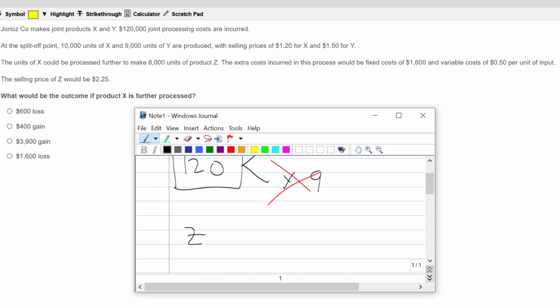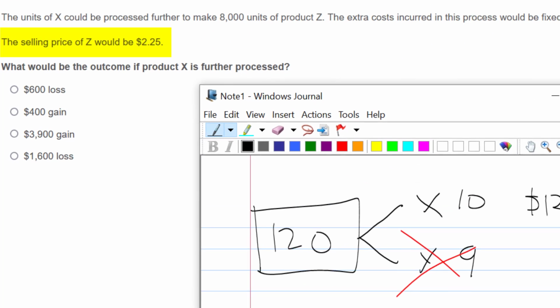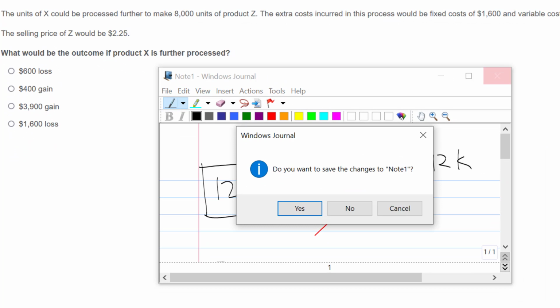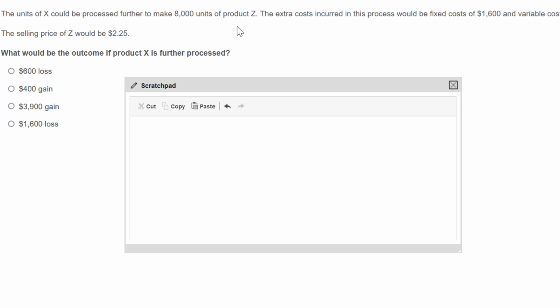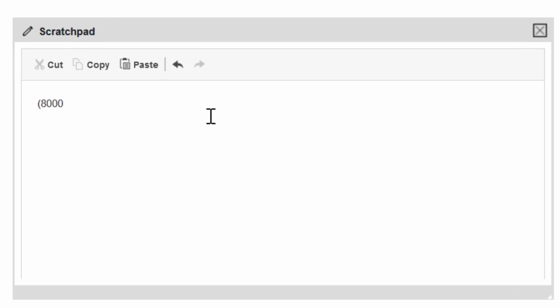Finally, we get a price. Now that I see what's going on, I can open up my scratch pad and I can lay this out. So if we further process, we will earn revenue of 8,000 multiplied by 2.25.